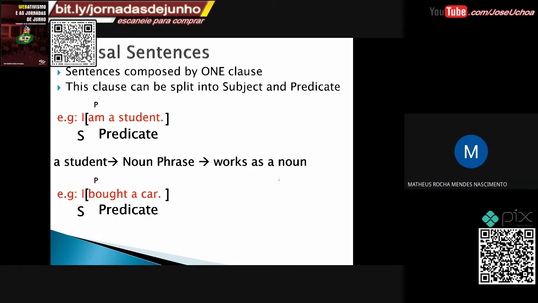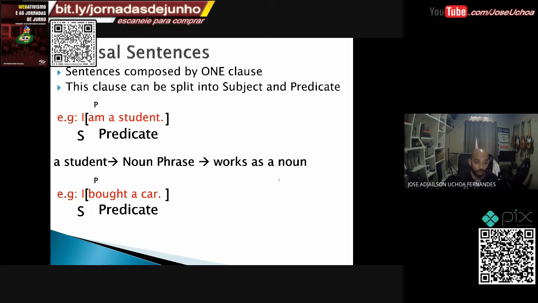Okay, that's it. So apparently, and just apparently, we have similar structures. A subject, a predicate, and the only verb as the predicator. And we also have a noun phrase inside the verb phrase bought a car.